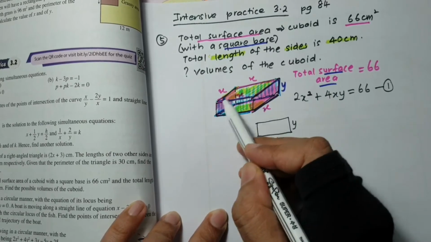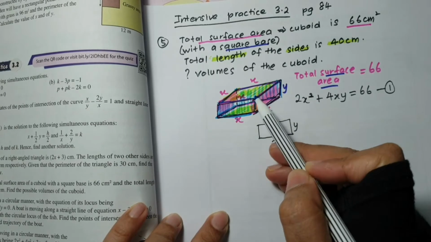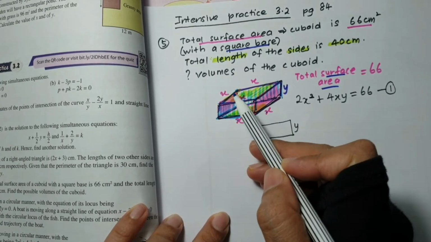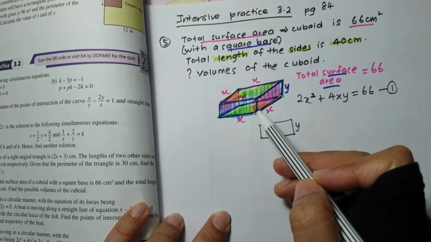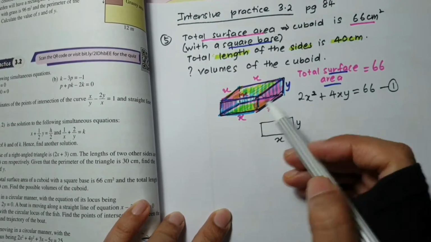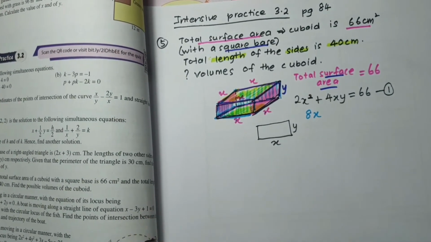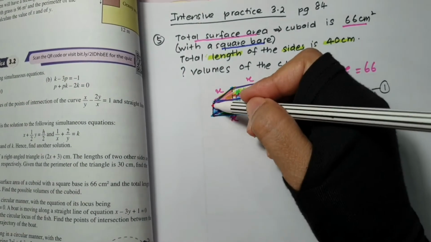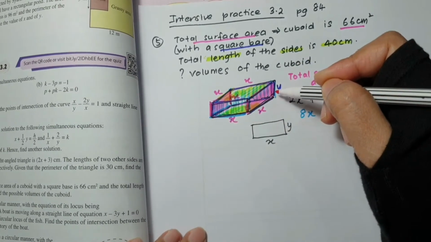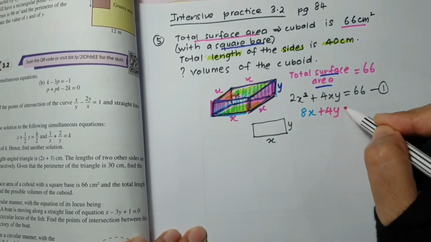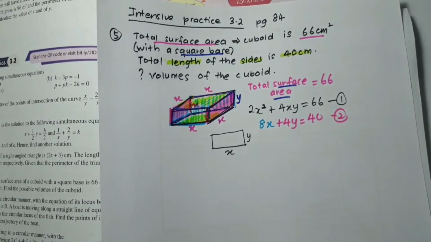You have 1, 2, 3, 4 sides on top, and on the bottom you have another 4. So 4x plus 4x becomes 8x. And then the height: 1, 2, 3, 4, so it is 4y. So 8x plus 4y equals 40 cm altogether. So now you have the second equation.